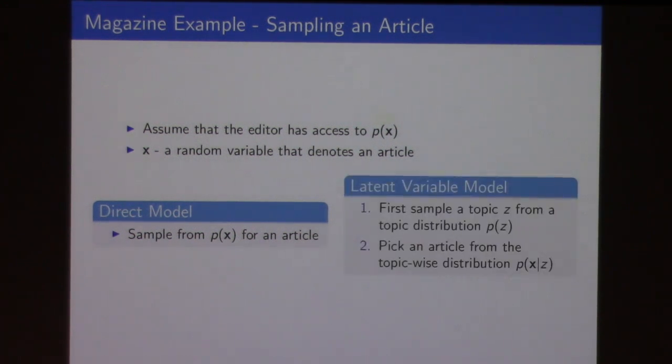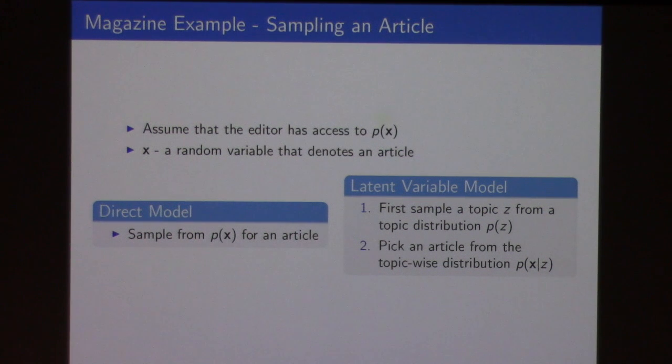But instead, let's say she has a two-step model where she has one probability distribution that tells her which topic to choose from. We'll call that latent variable z. So the first thing she does is sample z from one distribution. Let's say there are k topics: politics, history, sports, and technology. Let's say there are 4.